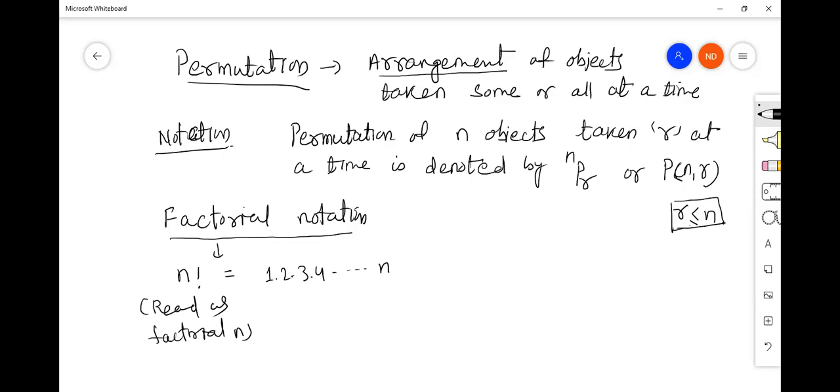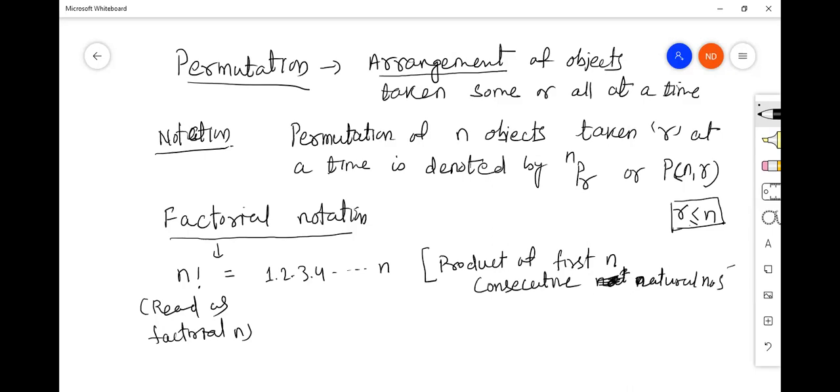So this is the product of the first n consecutive numbers. In fact, we take natural numbers. I was writing numbers because we have to do 0 factorial also, but let me take it back, because 1, 2, 3, 4 start from natural numbers.